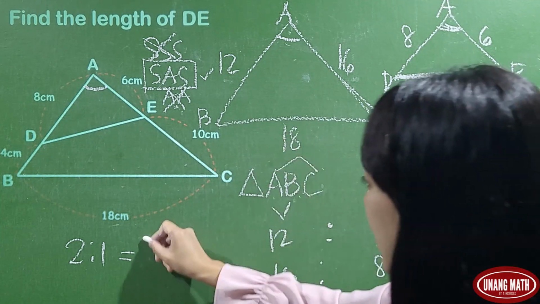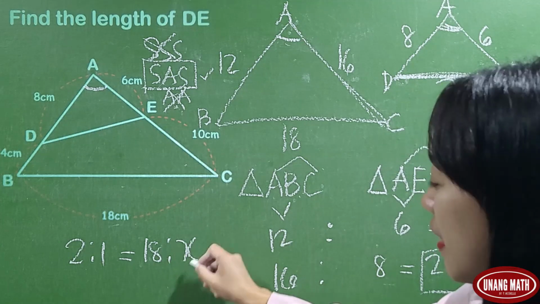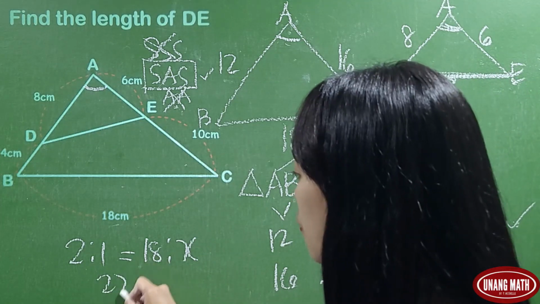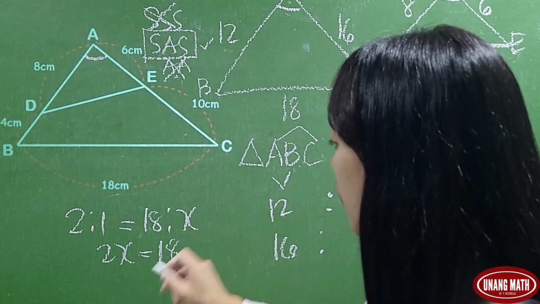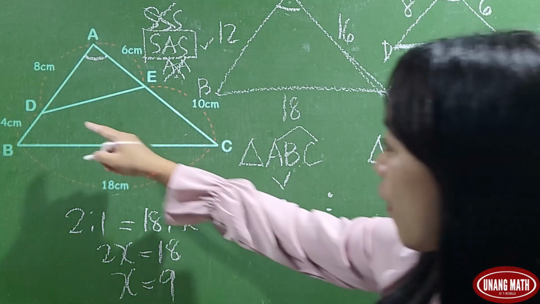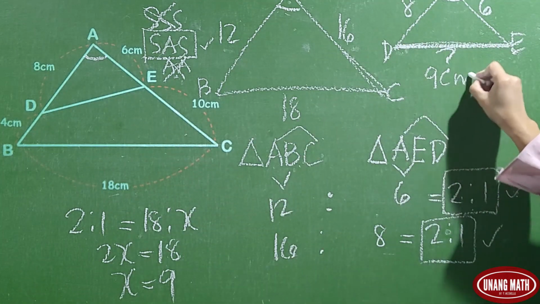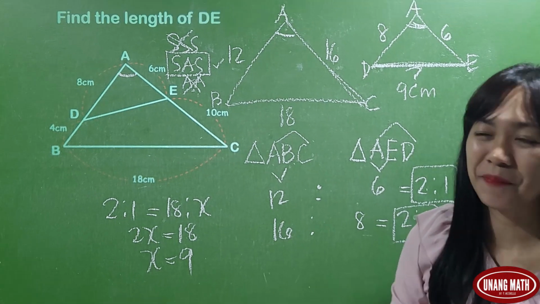BC is 18. Let's say DE is X. So this is 2 is to 1 equals 18 is to X, so 2X is equal to 18. So it means X is equal to 9. So the length of this side DE is 9 centimeters.